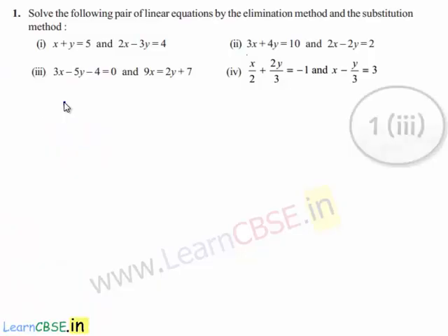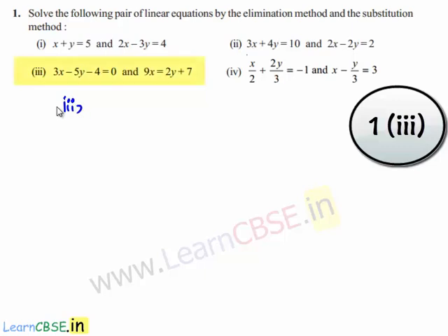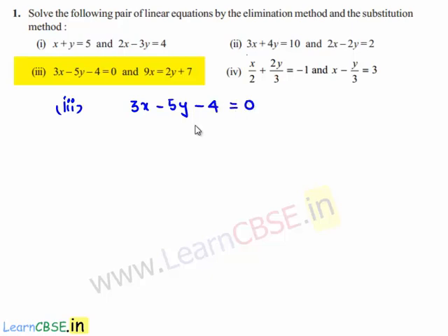Now coming to the third part, which is 3x minus 5y minus 4 is equal to 0 and 9x is equal to 2y plus 7. So first let us rearrange the given equations.